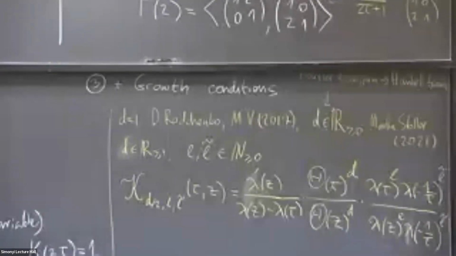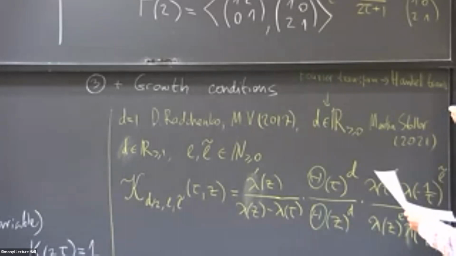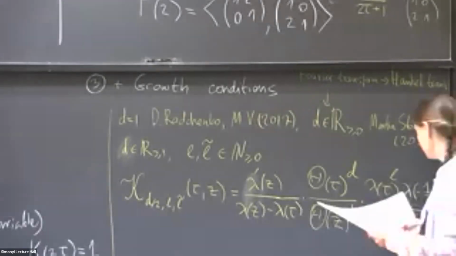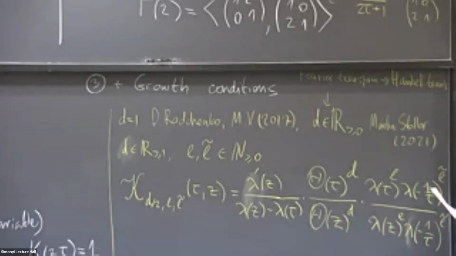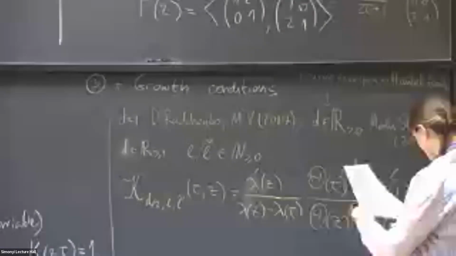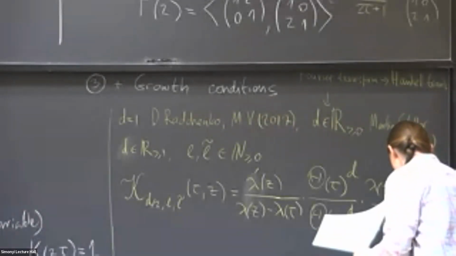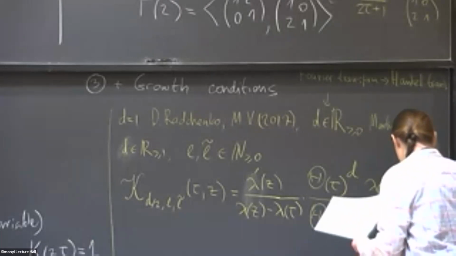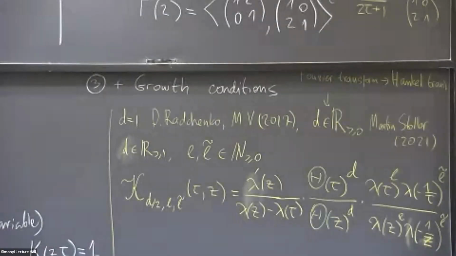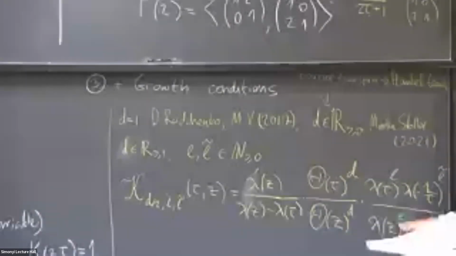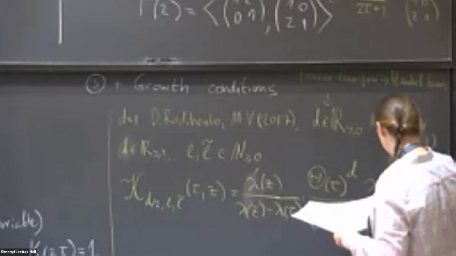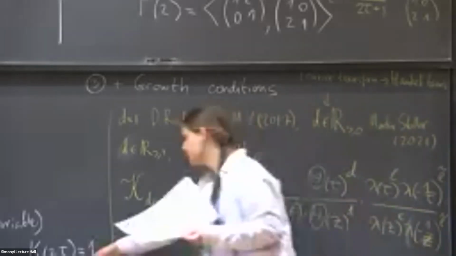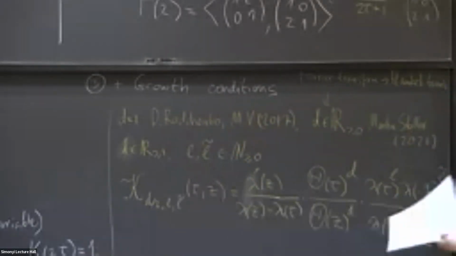It's a product function times the only dependence which is not a product, which is lambda z minus lambda tau. This term somehow regulates the weight of the function, and so this is always some function of tau divided by a function of z, so that our residue condition is still true.